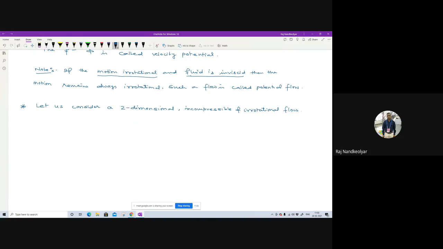ठीक है. So if this is the case, it means what? Therefore, the stream function psi exists.